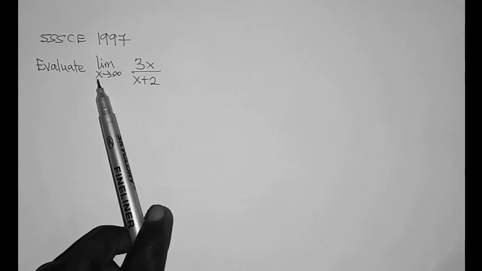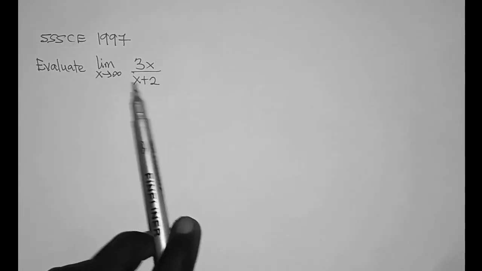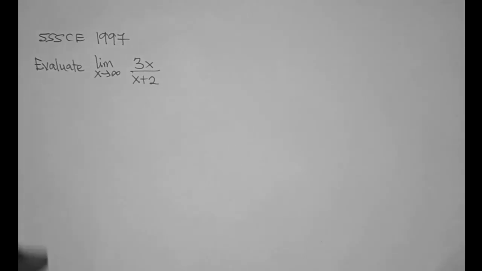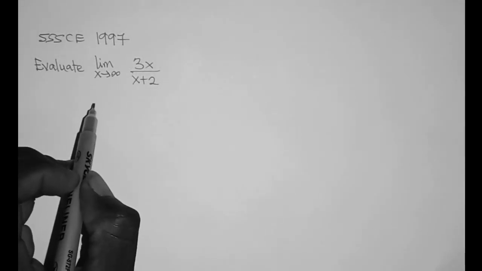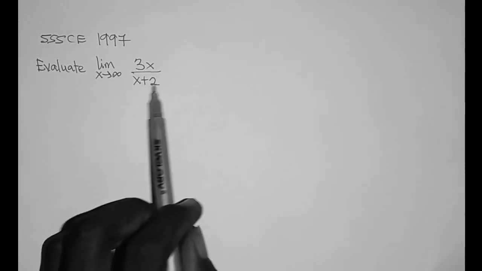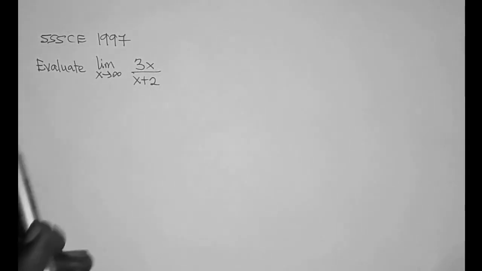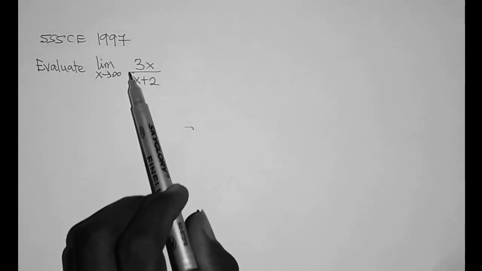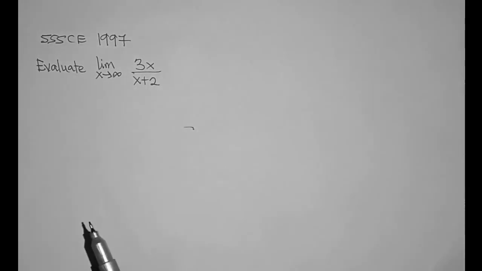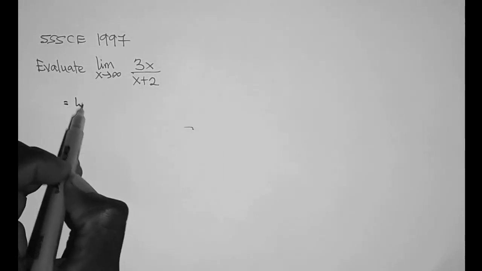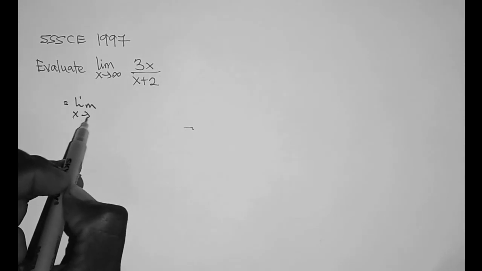Evaluate the limit as x approaches infinity of 3x over x plus 2. So remember what we said: for a limit at infinity, the most important thing is the highest degree of the numerator divided by the highest degree of the denominator. So this is equal to the limit as x approaches infinity.